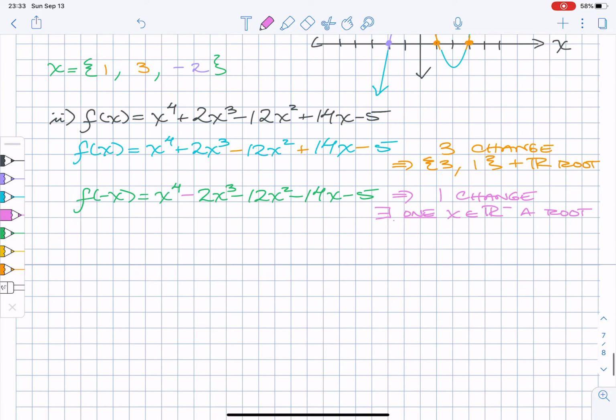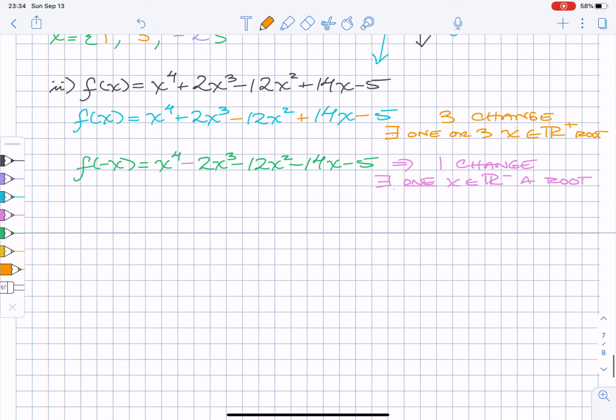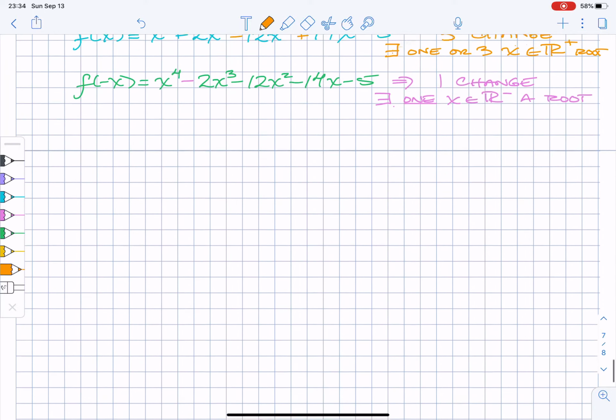Okay, so up here I should write it, there exists 1 or 3 x in R plus roots. So 1 or 3. Okay, so let's see what they are, shall we?